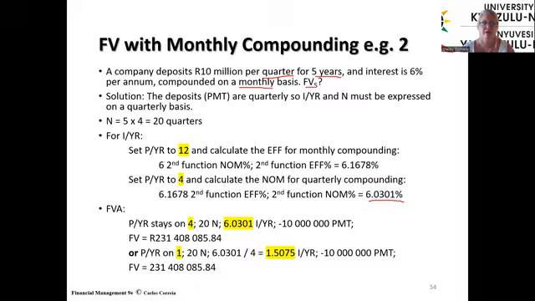Or you put your PYR setting on 1 and you divide your 6.0301% nominal annual rate by 4 to get 1.5075 and use that as your IYR. Your choice, same answer. Okay. So follow that process when the frequency of your payments is not corresponding with the compounding frequency of the interest rate.